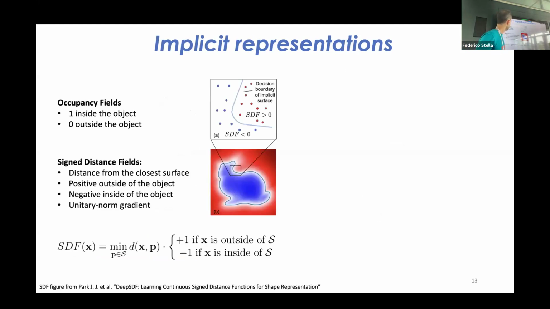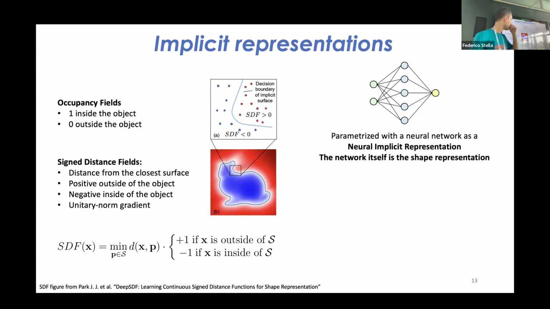Or we can define a signed distance field, which is a distance from any point in space to the closest surface, and define it as negative inside the object and positive outside of the object. Okay. So it's a distance field and it's signed because we want to know when we are inside and when we are outside. So these two are very similar, almost equivalent. This, of course, has a bit more information. This is just the definition of an SDF, signed distance field.